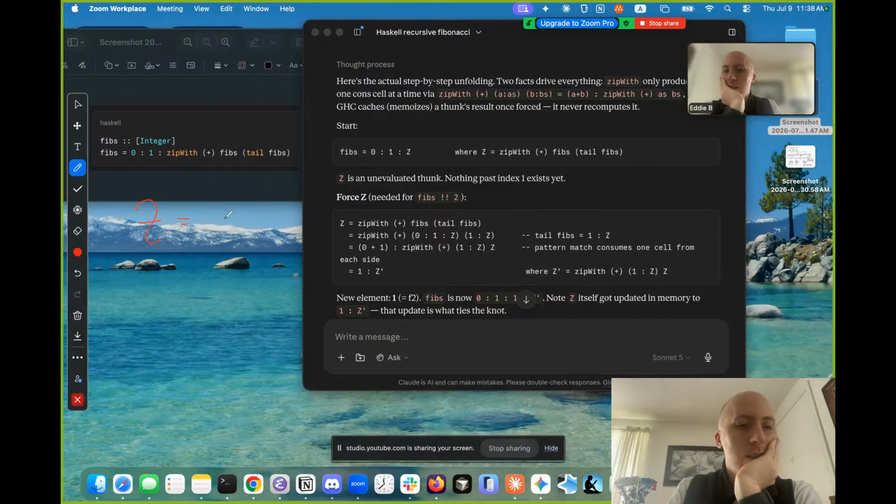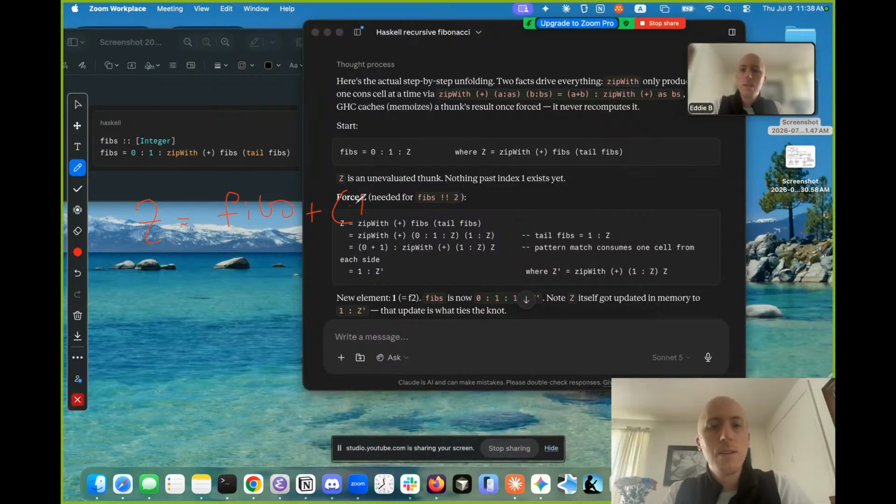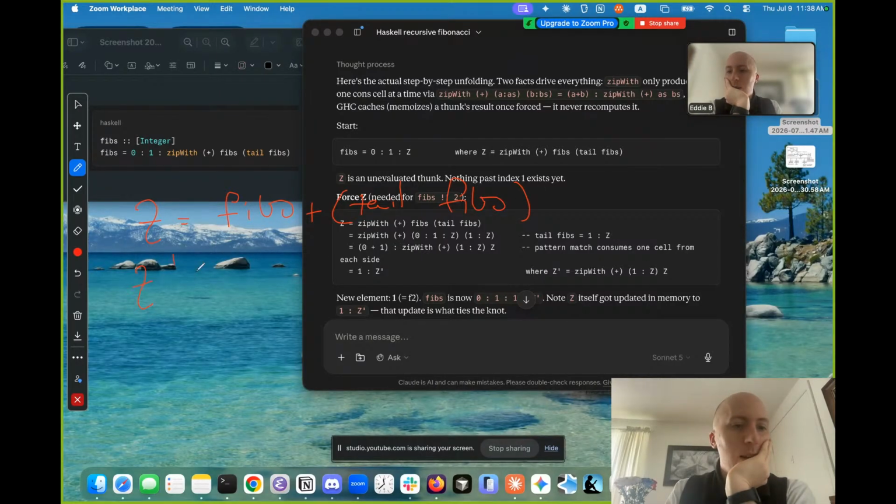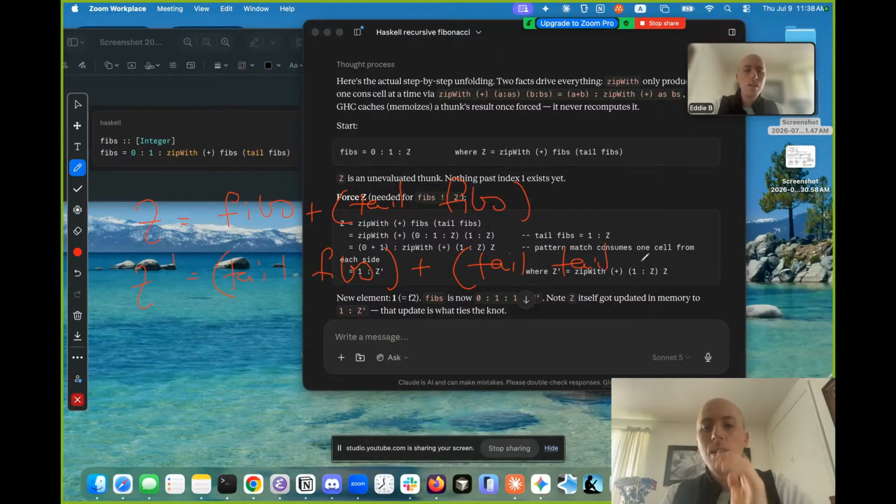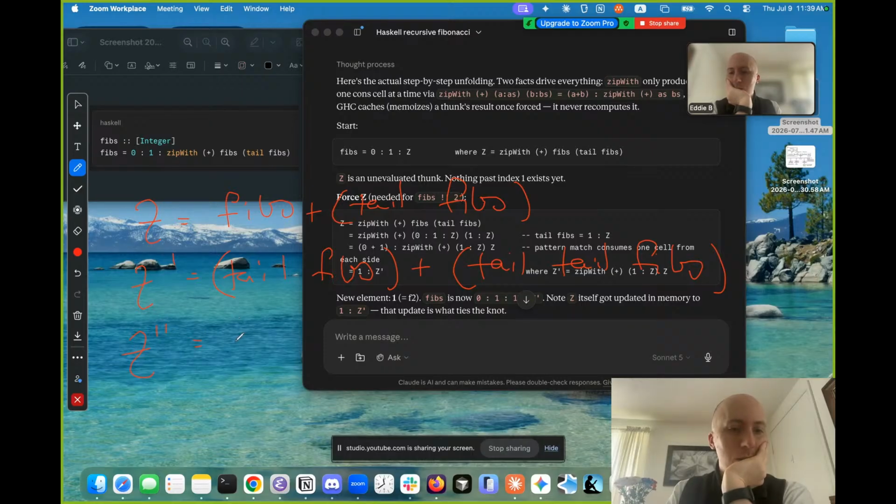So Z is equal to fibs basically plus tail of fibs, and then Z prime is equal to tail of fibs plus the tail of fibs, and Z double prime is equal to the tail of fibs plus tail of fibs.